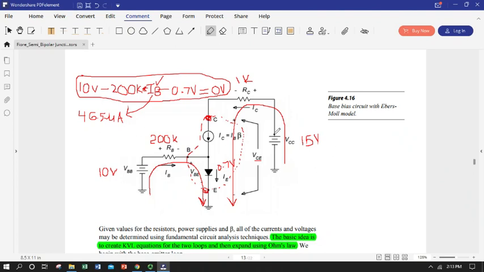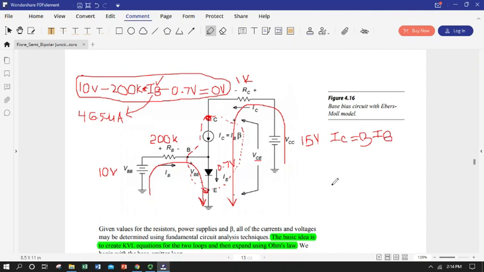So I'm going to write my expression for collector current as it depends on the transistor itself. If we're not limited by anything else in the circuit, my collector current is going to be the transistor beta times I sub b, the base current.